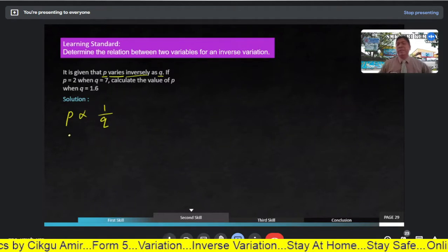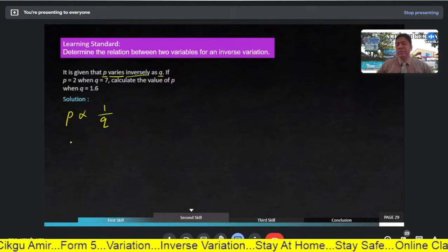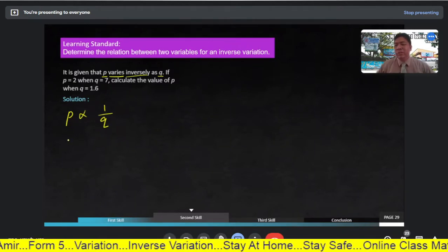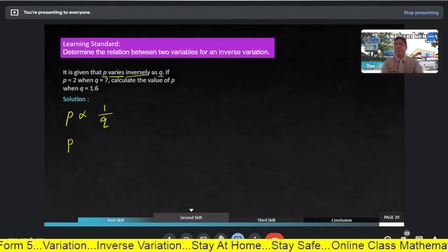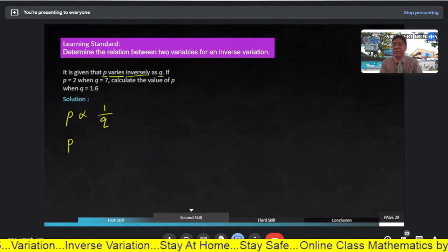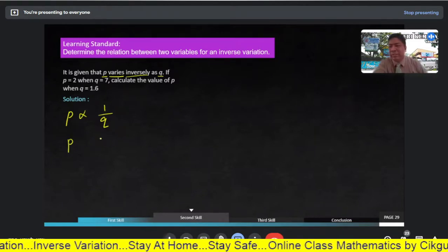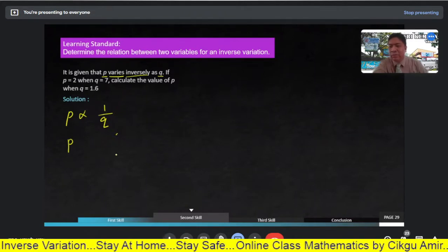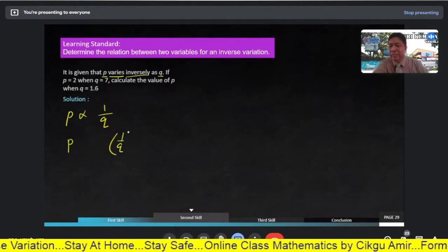Then we change to equation form. No change to the variable, so we have P here, and we have 1 over Q here.